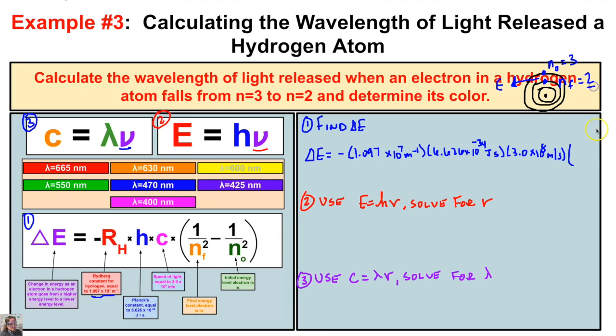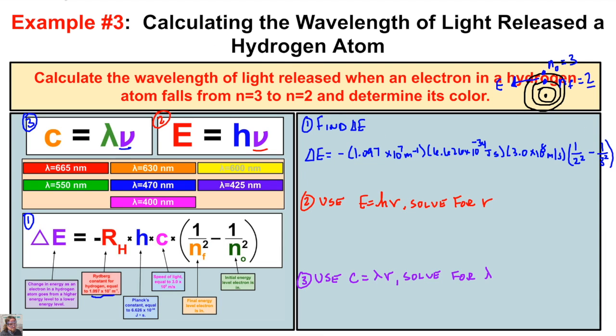So we're going to take 1 over 2 squared, minus 1 divided by the initial principal energy level that the electron was in, squared. The initial principal energy level was our third principal energy level, and we're going to square that.